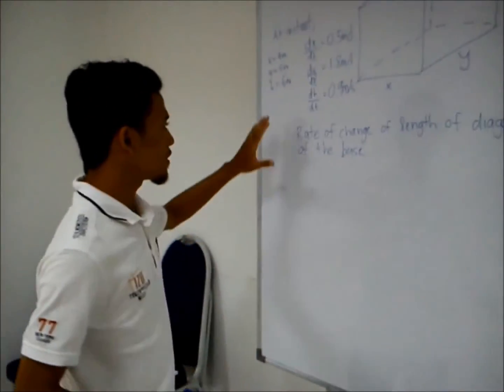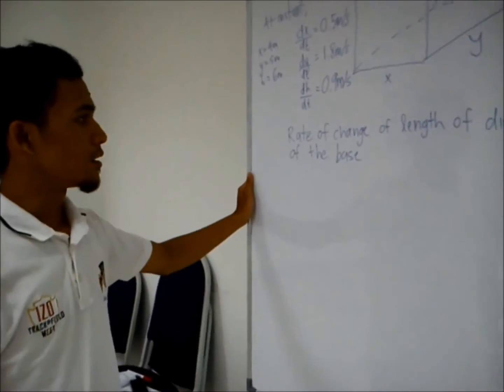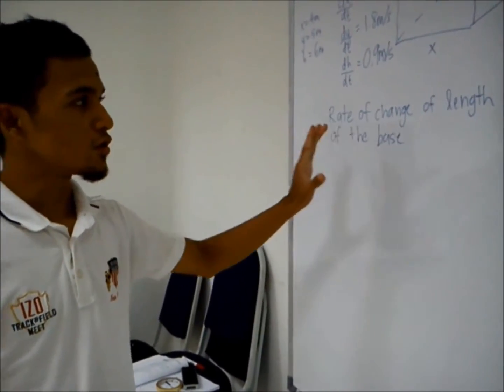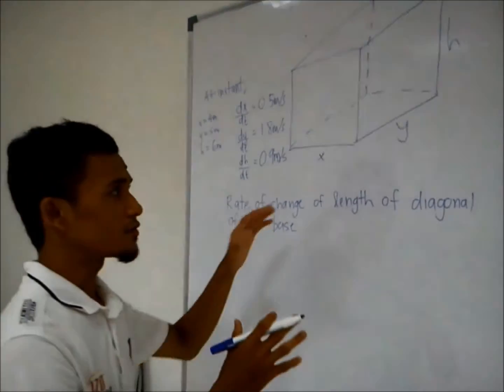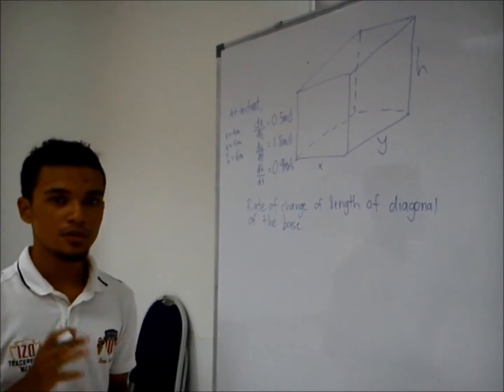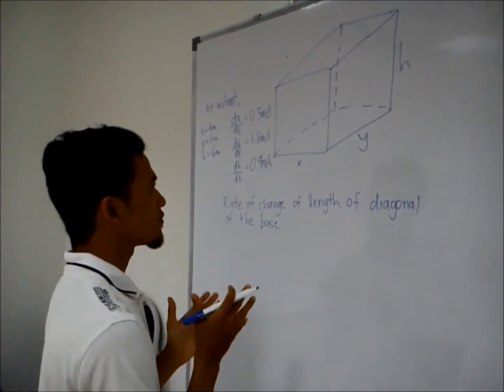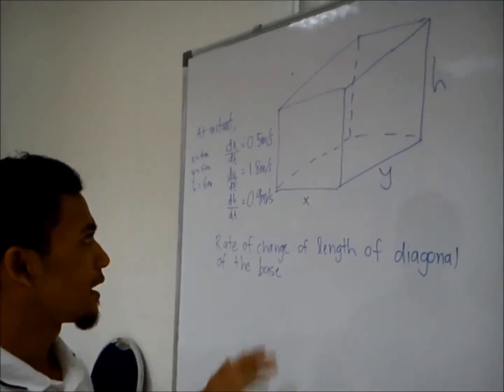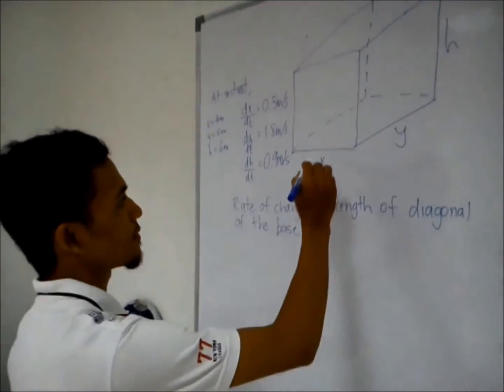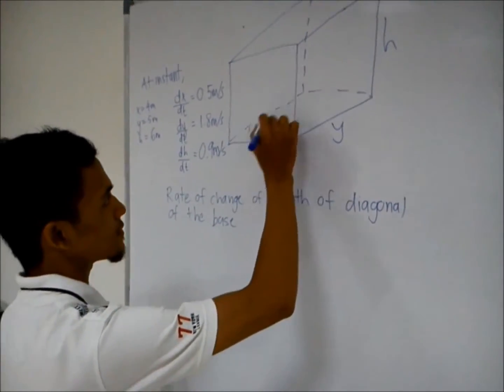Okay, let's say if we are required to find the rate of change of length of diagonal of the base of the box. So first we need to identify which one of these is the length of the diagonal at the base. So this is the base here.